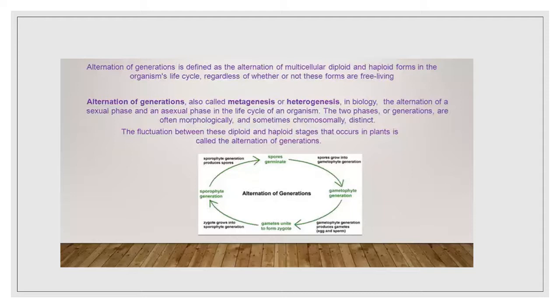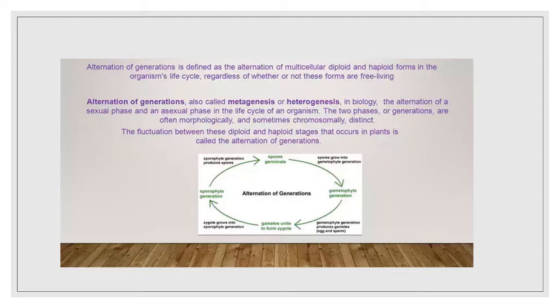The alternation of a sexual phase and an asexual phase in the life cycle of an organism. The two phases or generations are often morphologically, and sometimes chromosomally, distinct.